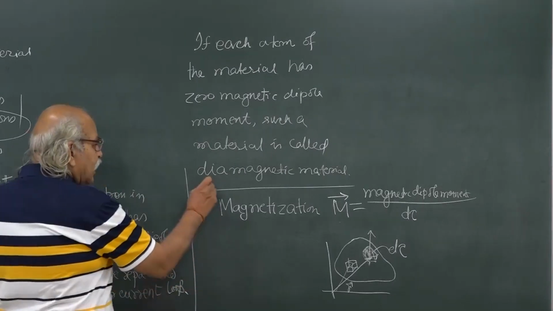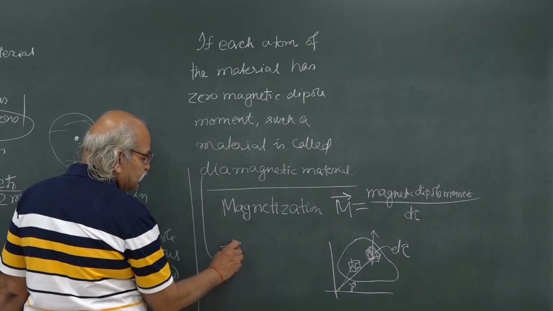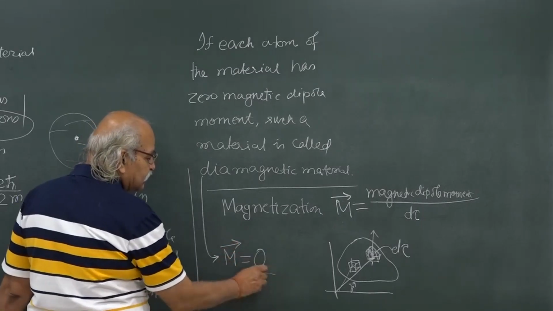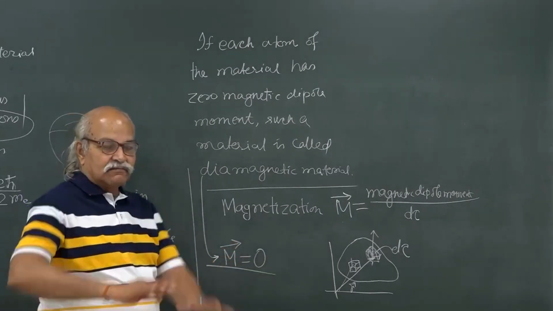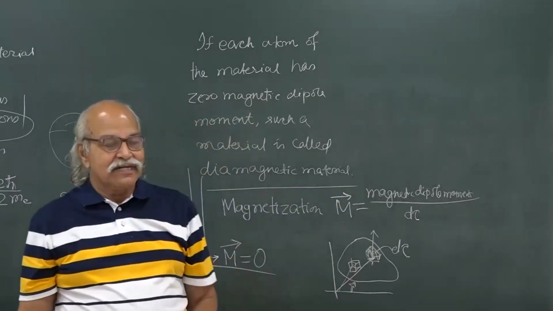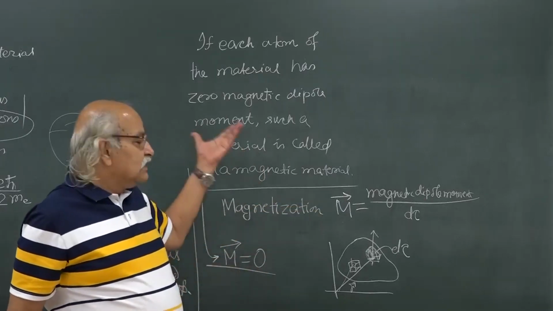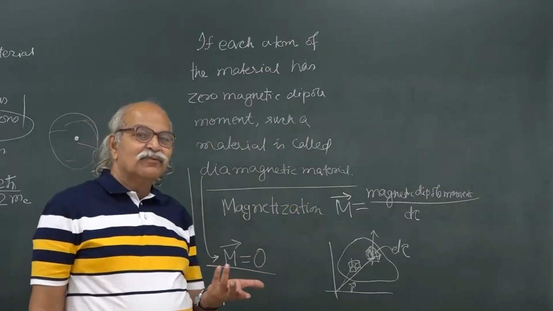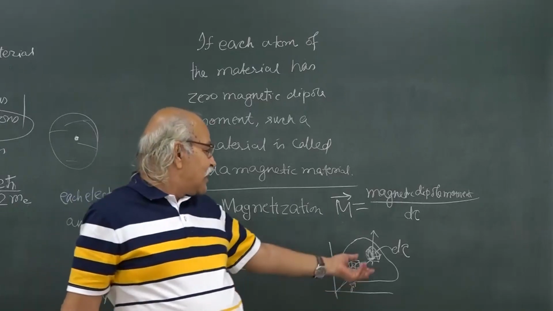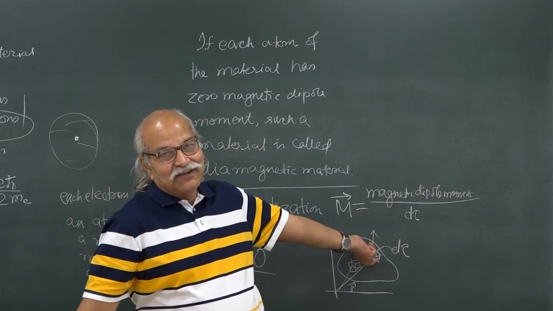For a diamagnetic material, this M is intrinsically 0, when the material is just there with nothing around which can affect it, because each atom has 0 magnetic moment. So when you combine all those atomic dipole moments, you are going to get 0.